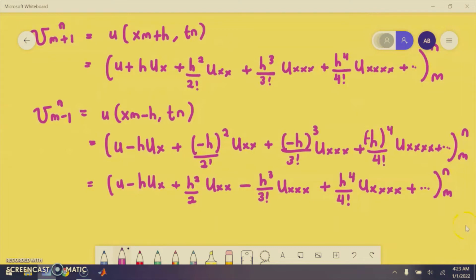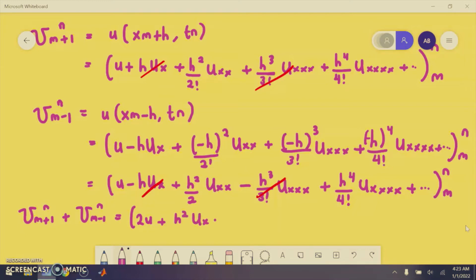Now adding these two terms, u_{m+1}^n plus u_{m-1}^n, that gives you u plus u, 2u. Now the odd terms cancel out. So h squared over 2 plus h squared over 2 gives me 2h squared over 2, so h squared uxx.